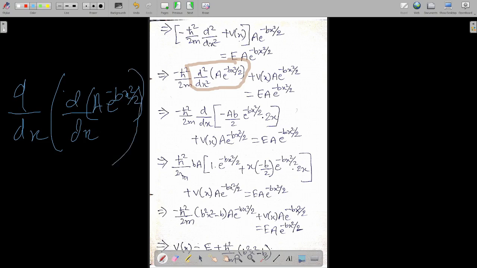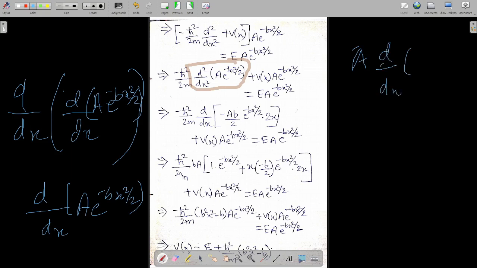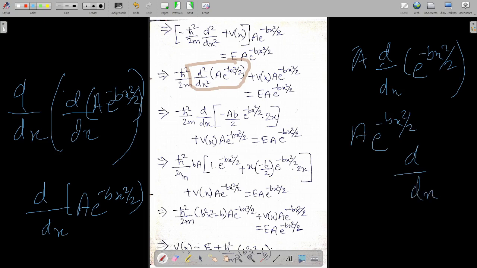Now when I take the single derivative of this thing, it is quite evident. Let me write over here that A will come out of the differentiation symbol, and it will be d by dx of e to the power minus b x square by 2. After I take the differentiation, this term will remain like this, and again d by dx of minus b x square over 2.